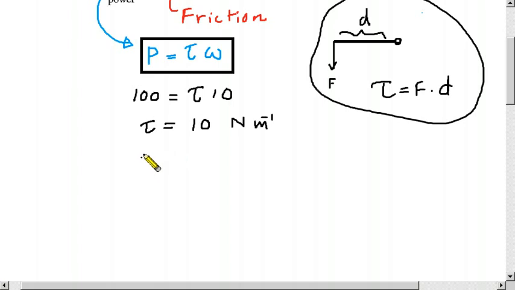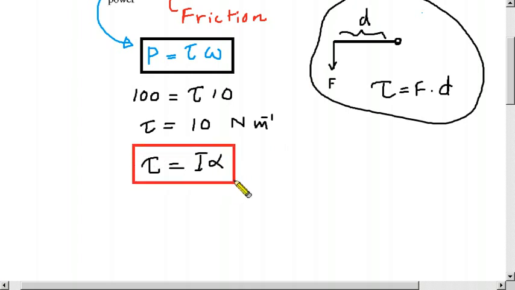Then we need the other equation, tau equals I alpha. This is the second equation we need. So you should remember these equations. This also we get from the linear motion equation, that F equals ma, you know.